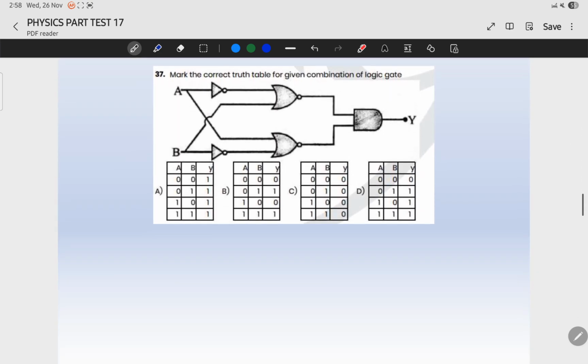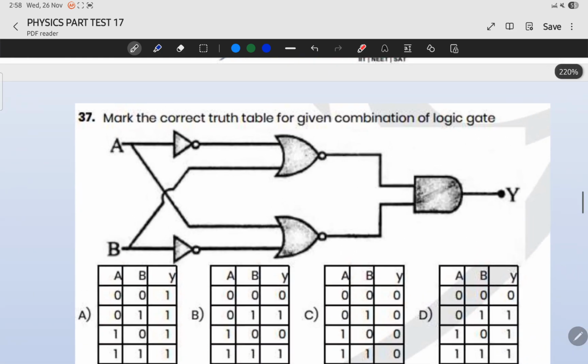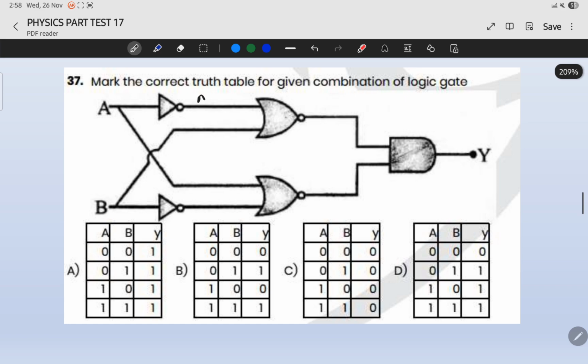Next question, we have to mark the truth table. So this is A. If we look carefully, this is A bar, this is B, this is A, this is B bar. Here you will get A bar plus B whole bar, because this is a NOR gate. Here you will get A plus B bar whole bar.